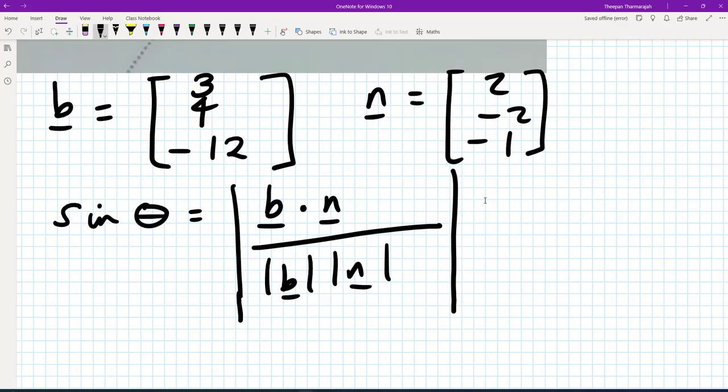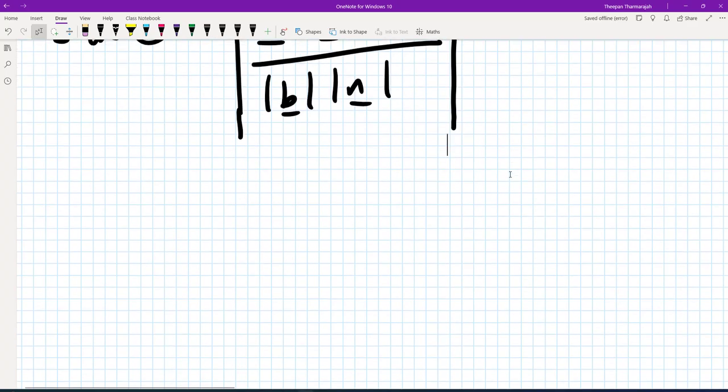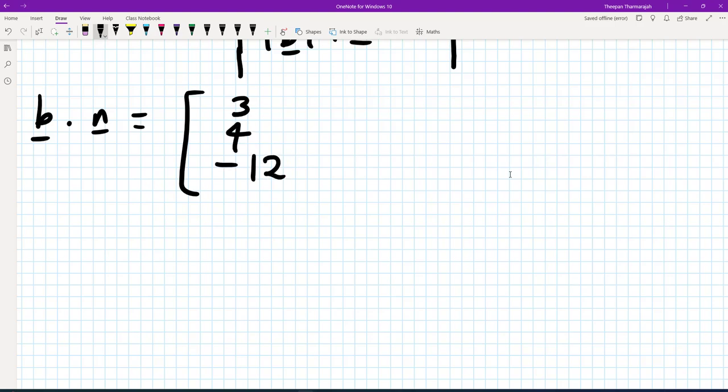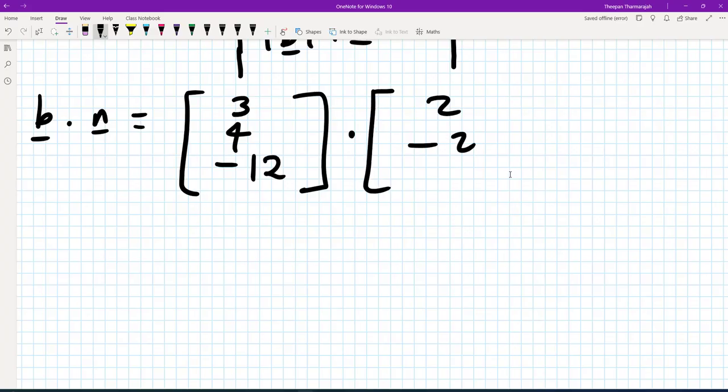So we're going to start off with the dot product, b dot n. It's a simple dot product: 3, 4, and minus 12 dot with n, which is 2, minus 2, minus 1.